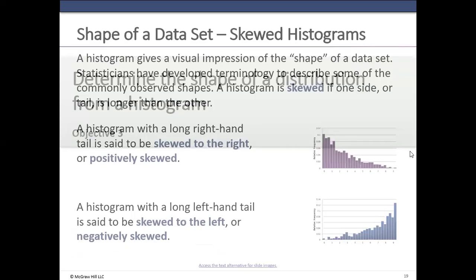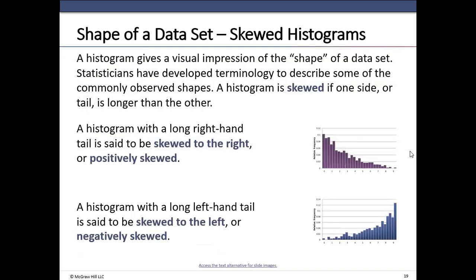Shape of the distribution from a histogram. What we'll do first, we'll look at the class with the highest height or the highest relative frequency. The one on the top, the highest relative frequency is on the extreme left. Then you look to the right of it, most of the data are to the right of it. So there are lots of higher value points on the horizontal axis.